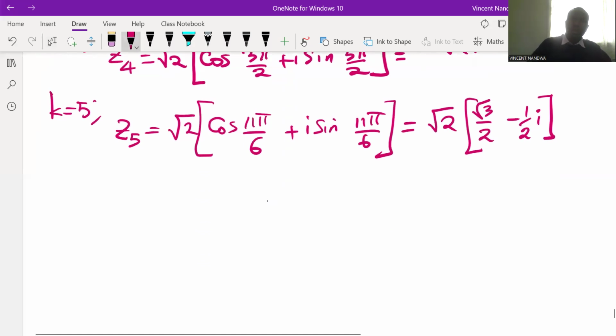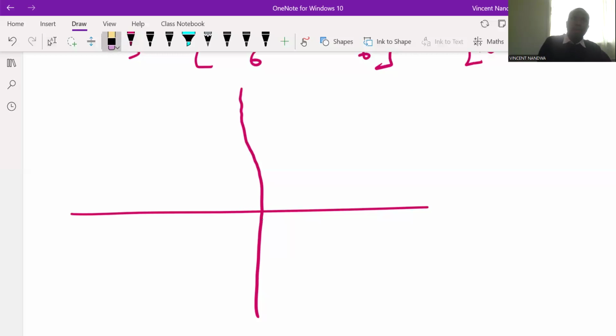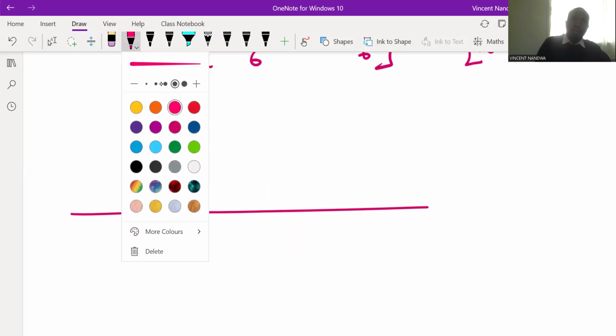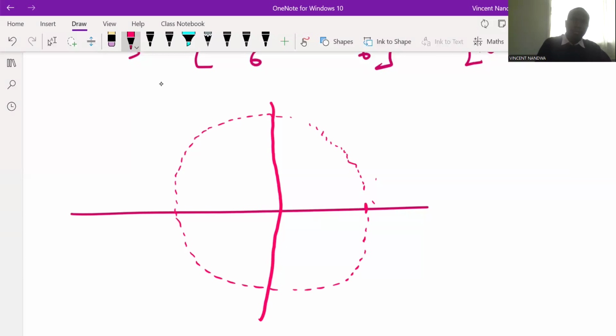And when you put this on an Argand diagram, you'll find that all these points will actually be on a circle whose radius is root 2.